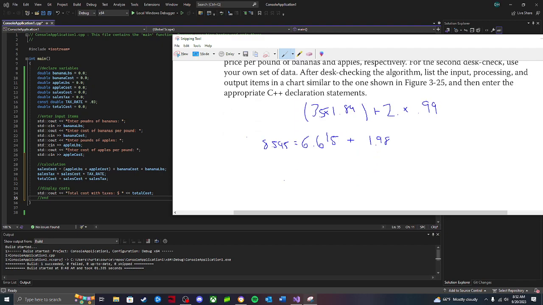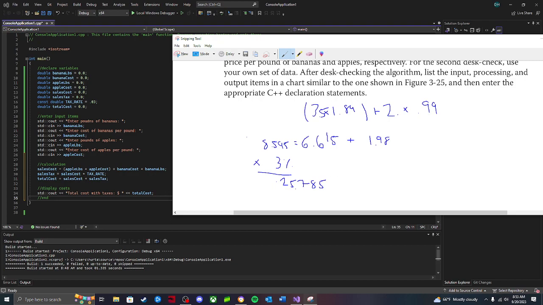Well, we still need to incorporate our sales tax, right? So that's where we go to the second line. Sales tax equals sales cost times tax rate. This is what I'm calling sales cost right here. If we multiply that by 3%, we get 0.25785, right?